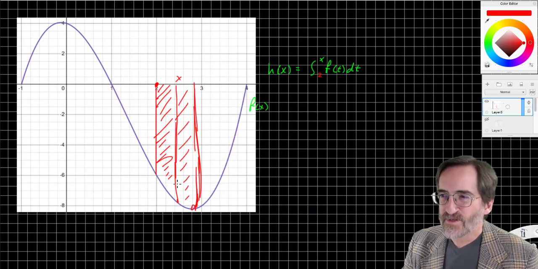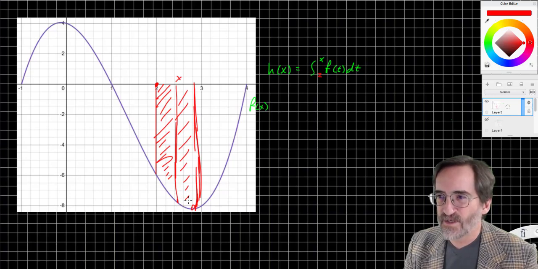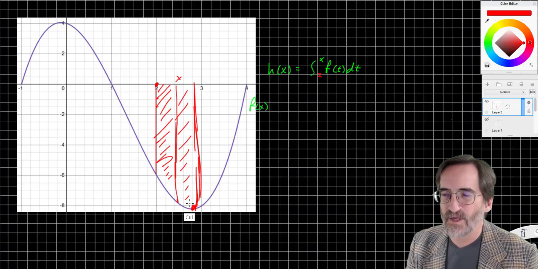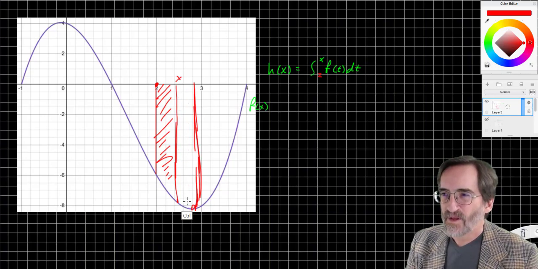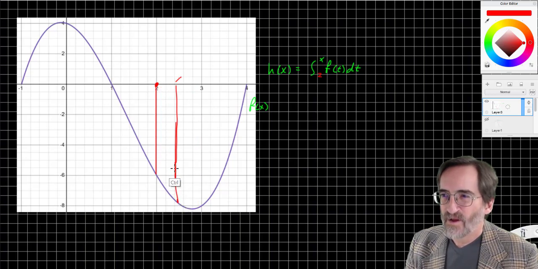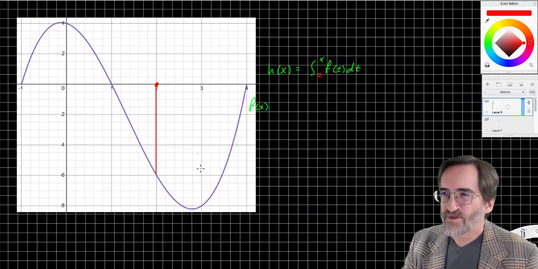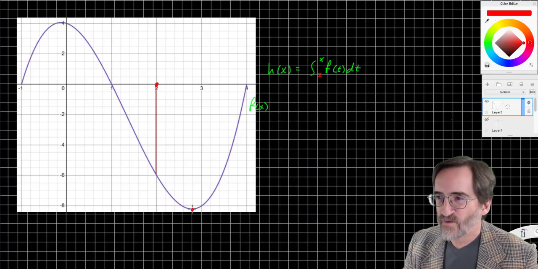And it's accelerating. It's going down even steeper and steeper. And this corresponds to an inflection point in the antiderivative. Okay, an inflection point in the antiderivative. So we reach this point where the peak is, right? And there's an inflection point.